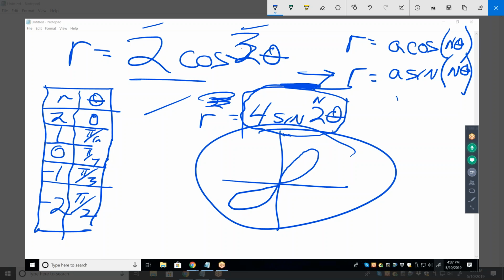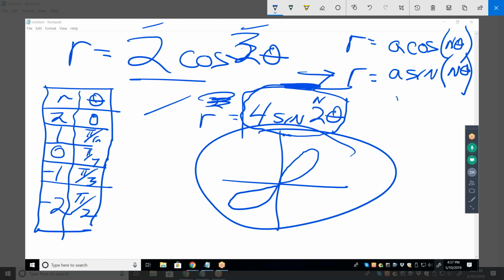Now, let me have a second here. The 4-petal rose curve that I had on there previously is traced out exactly once as you go from 0 to 2 pi, and that's important to know.